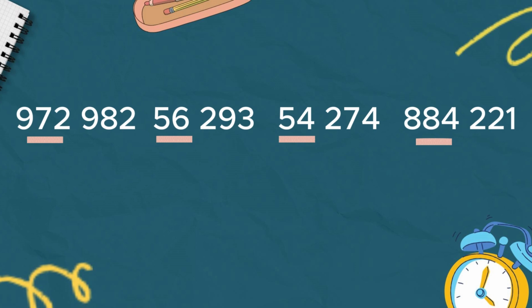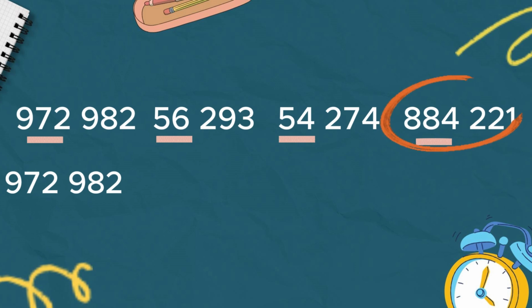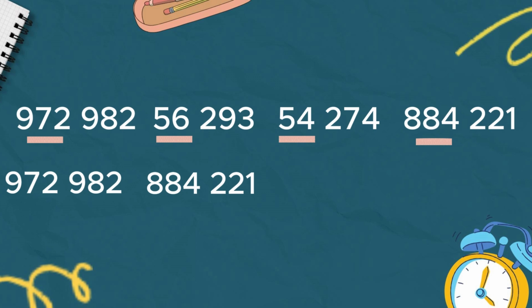So which number has the greatest period? Yes, we have 972. So this number is the first in the order. Next is 884. So this number is next in the order. Next we have 56.